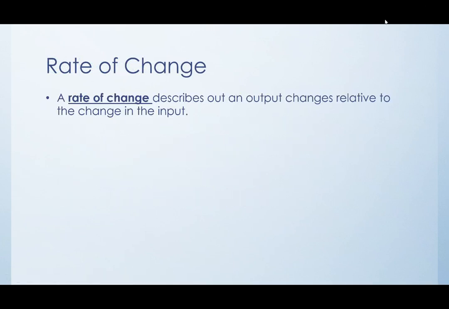First up, we have the rate of change. The rate of change, of course, describes how an output changes relative to a change in an input. So this, at its most basic, is change in y over change in x. Remember that y is going to be our output, and x is our input, and so we're really talking about rise over run, right?